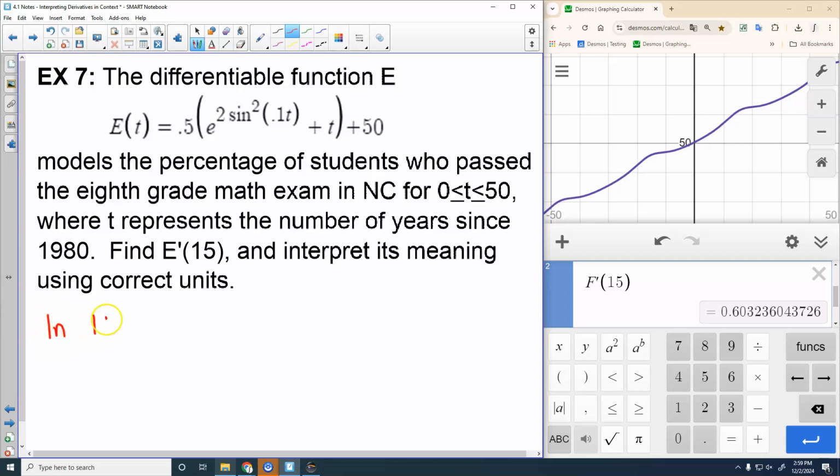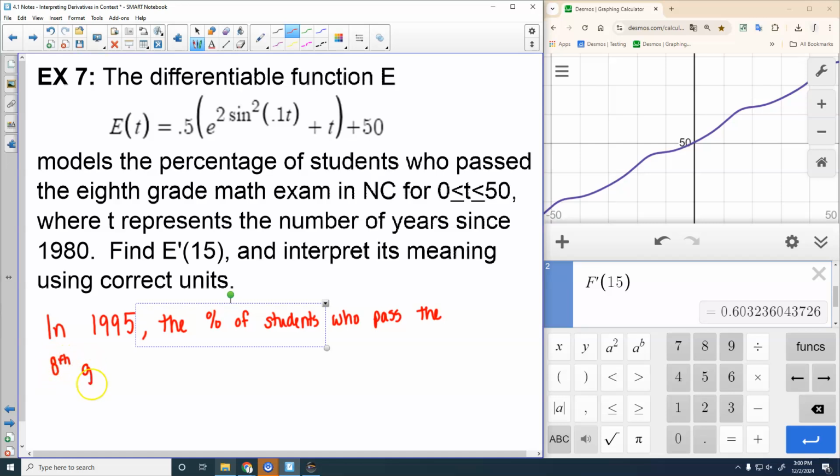All right, so in 1995, the percentage of students who pass the 8th grade math exam is, are we increasing or decreasing?